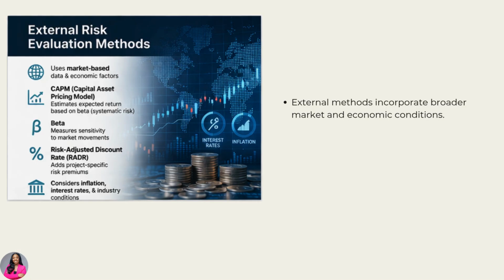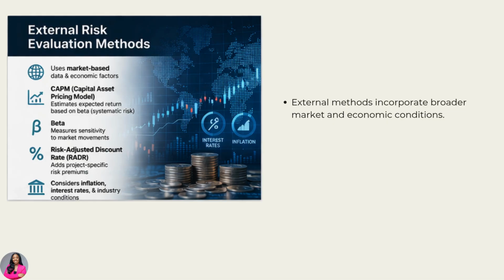External methods focus on market conditions and broader economic factors that impact a project. One key model is the capital asset pricing model, better known as CAPM, which estimates expected returns based on systematic risk. This risk is measured using beta, which reflects how sensitive an investment is to overall market movements.